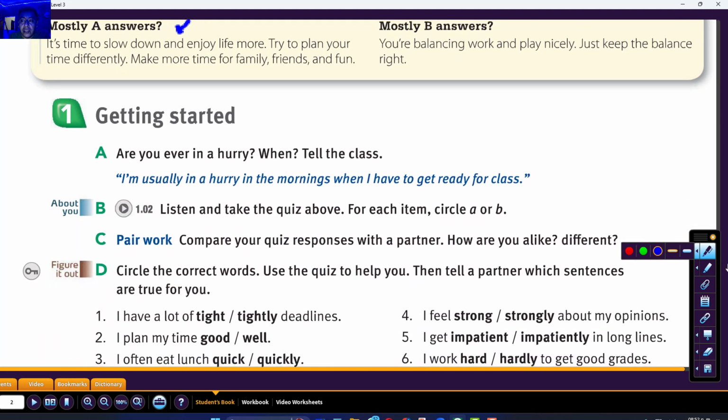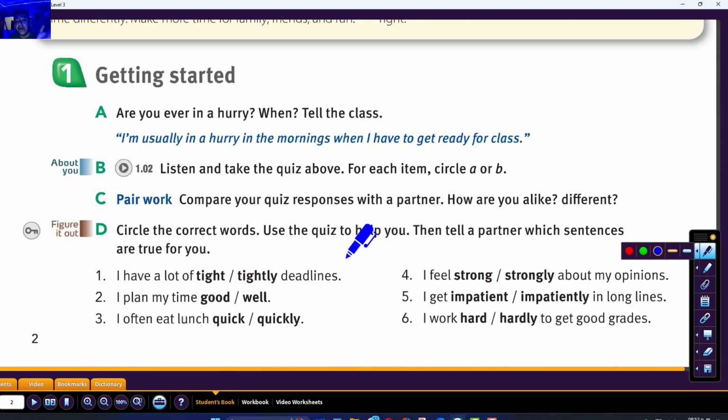Okay, so now let's review the activities there and let's check what the correct answers are for this. What is the correct option for the words that we have in each sentence? Okay, let's start with the first one. Number 1, I have a lot of tight or tightly deadlines. Yes, that's correct.